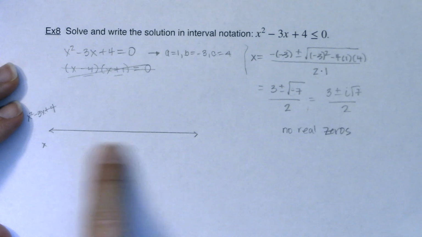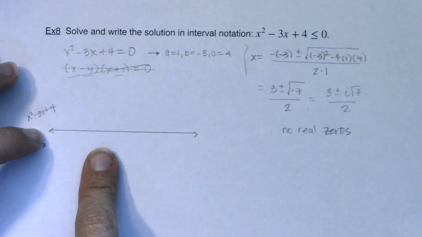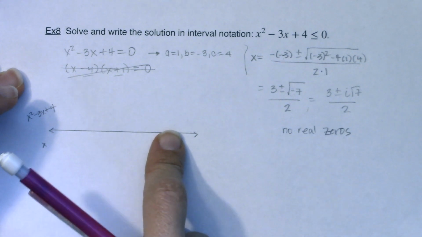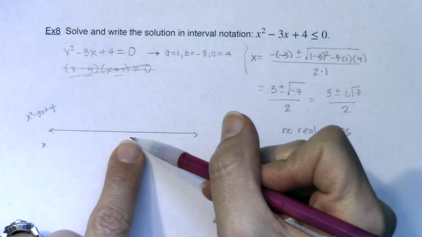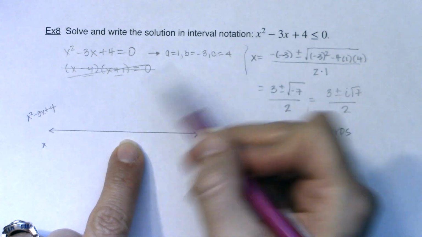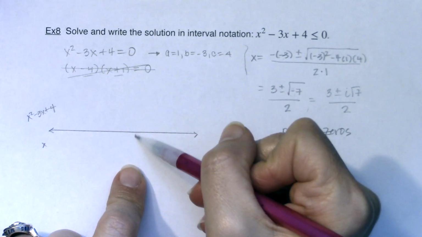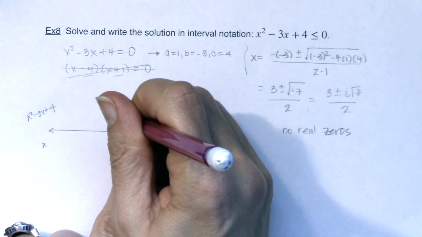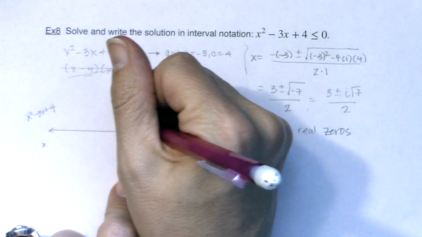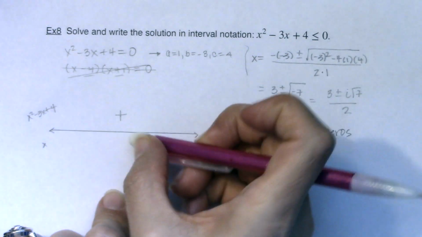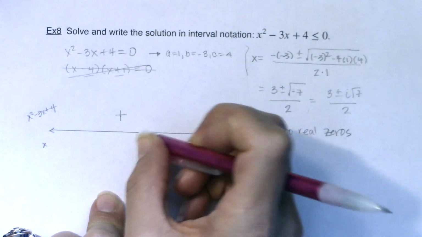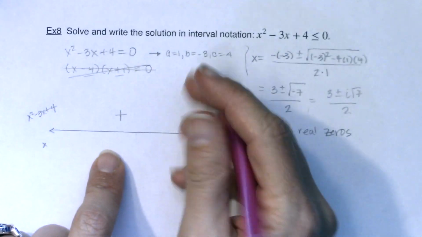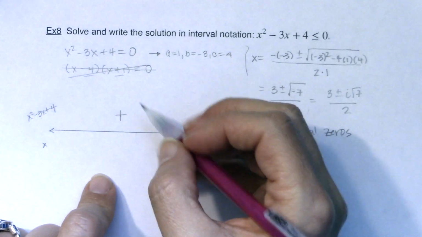So I don't have anything to put down here, which is not a problem. So I can pick anything I want as a test point. Pick any number. I'm going to pick 0. If I try 0, 0 squared minus 3 times 0 plus 4 is positive, which is telling me my entire parabola, or my entire quadratic expression, regardless of the x coordinate I plug in, is going to be positive.